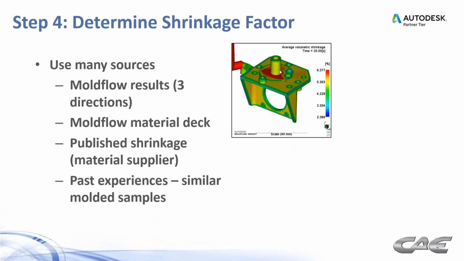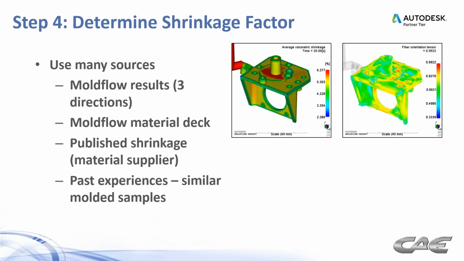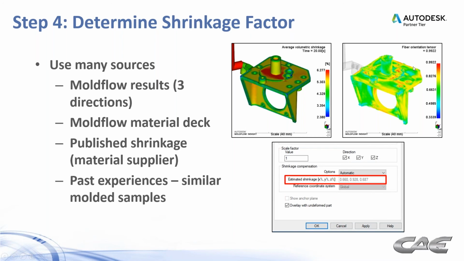You can see that here. In this particular part, you have very high shrink rate in the middle, and lower shrink rate values around the periphery. In this particular case, fiber orientation was a big player, so we had to consider the shrinkage in the direction of the fibers versus transverse to those fibers. So in those cases, oftentimes you will see different shrink values in different directions.